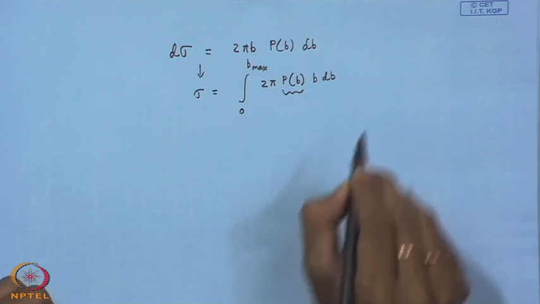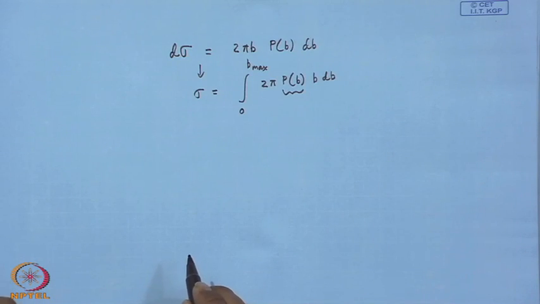Now, the total cross section for the reaction may be divided into effective and non-effective, that is, reactive cross section and non-reactive cross section. You can subdivide into two.